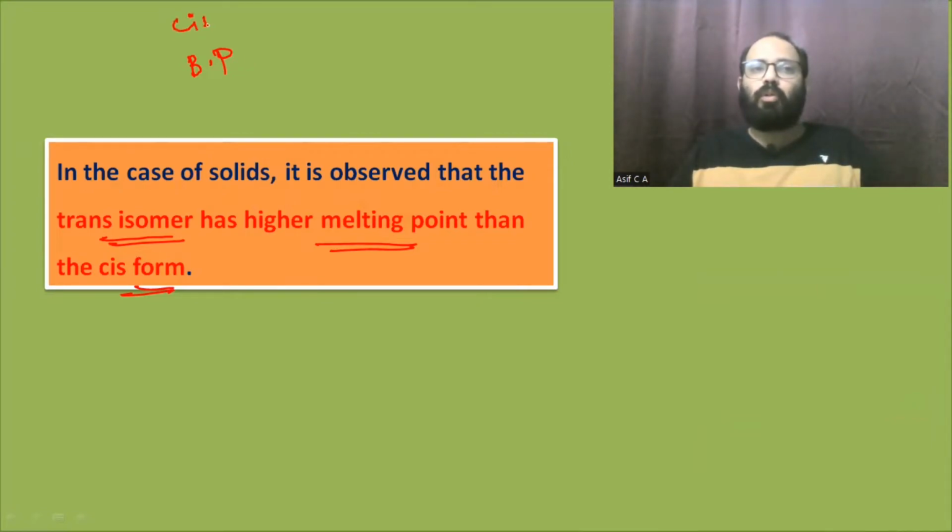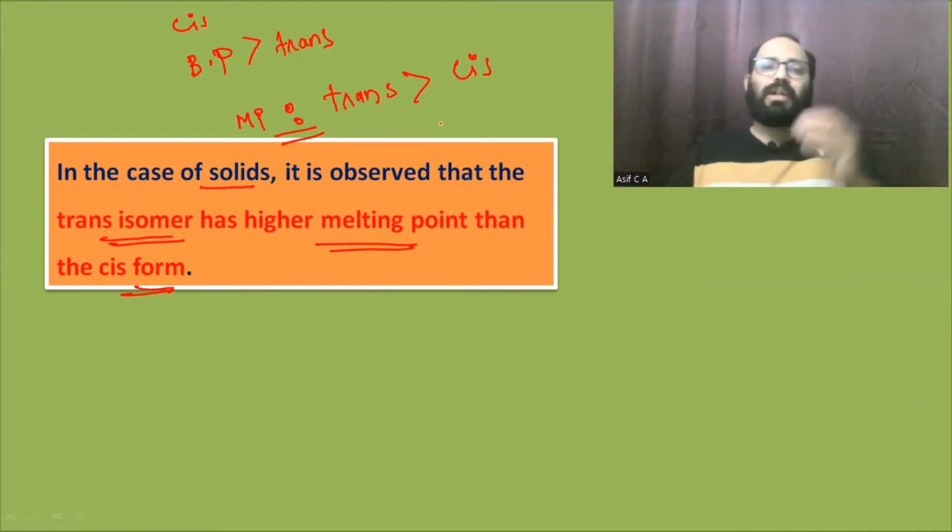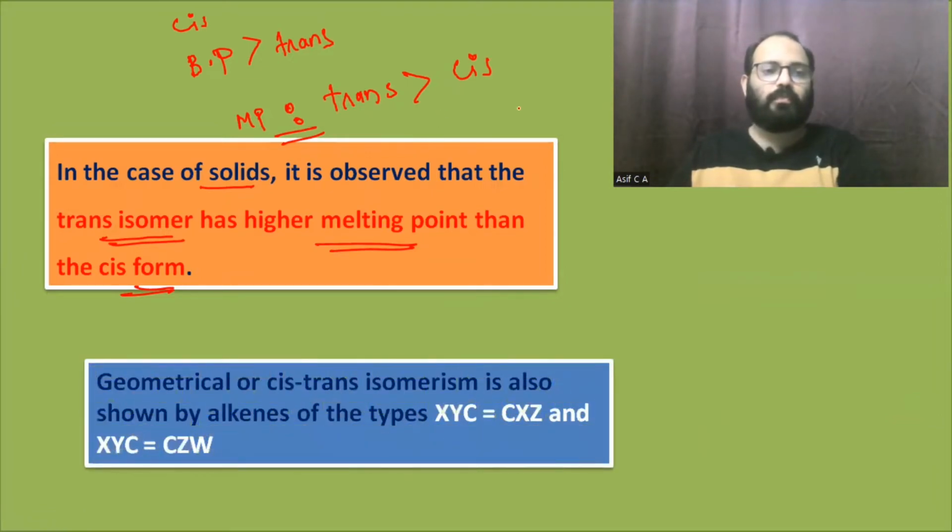Cis will have more boiling point than trans. When it comes to the melting point, அவங்க என்ன சொல்றாங்க, in solid state, in solid form, trans will have more melting point than cis. This is in the case of melting point. Stability நம்ம பார்த்த, trans will have more stability than cis isomers.